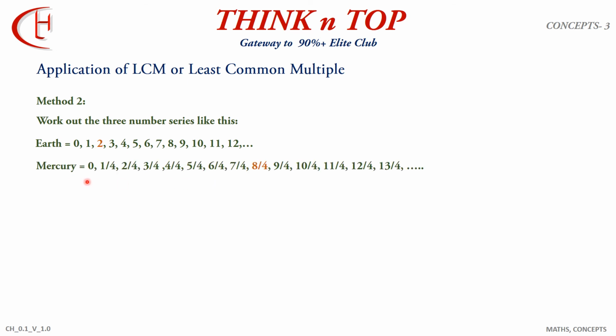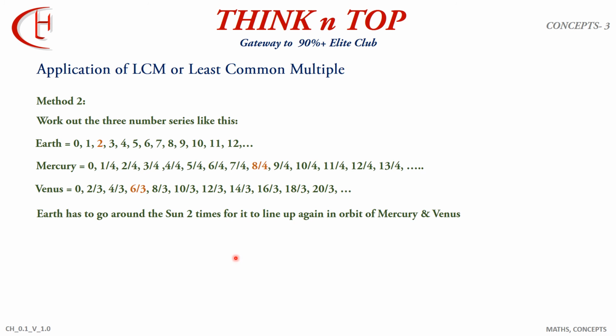Mercury, when we represent its encircling in its orbit around the sun in terms of Earth years, that is the data that we have got. So first it is at 1 by 4, the second is at 2 by 4, third is at 3 by 4, and so on. And for Venus, the first is 2 by 3rd of an Earth year, the second encircling is at 4 by 3rd, 6 by 3rd, and so on.